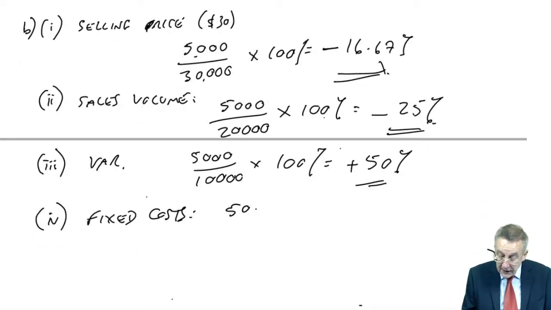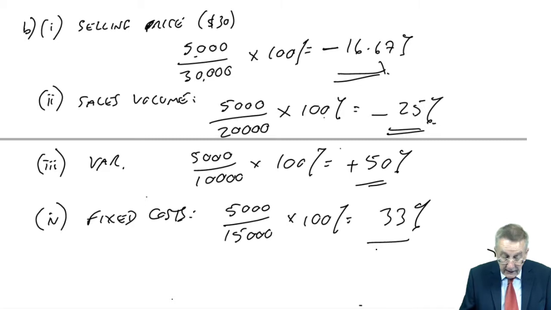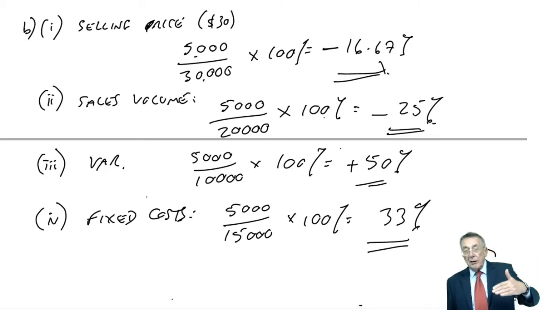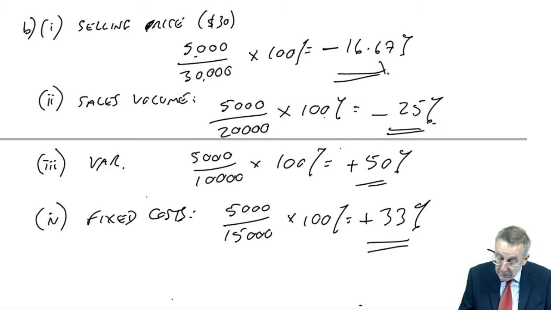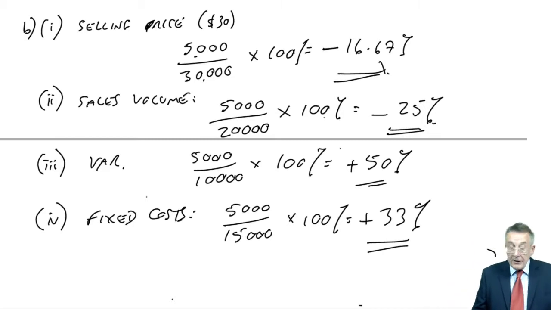In percentage terms, it's what, 33.33%. But again, the direction: for lower profit, we're only worried if fixed costs increase, and so it's plus 33%. So I hope that's very straightforward.